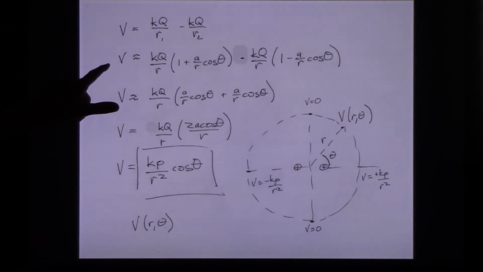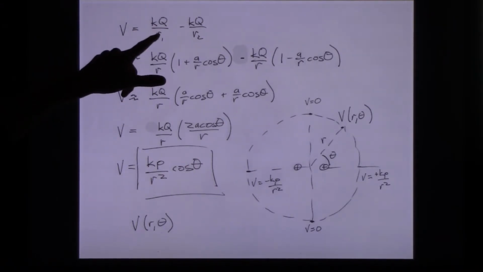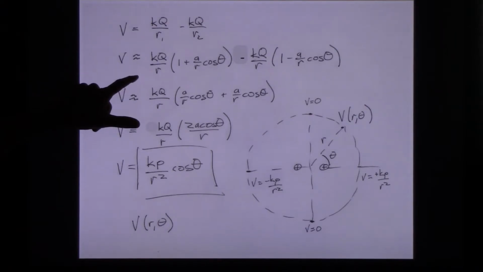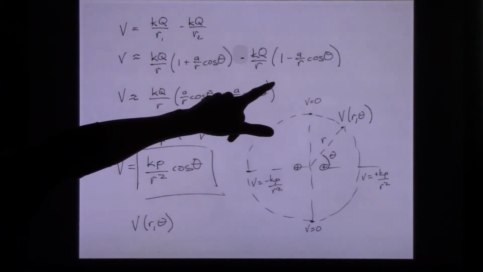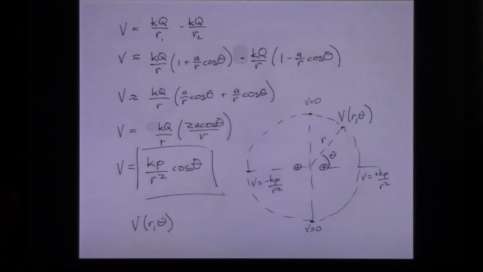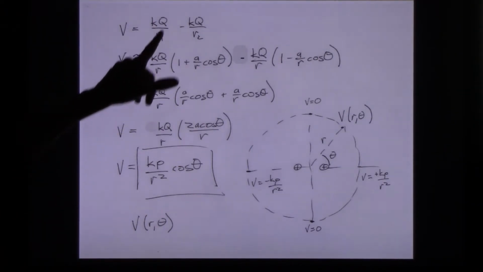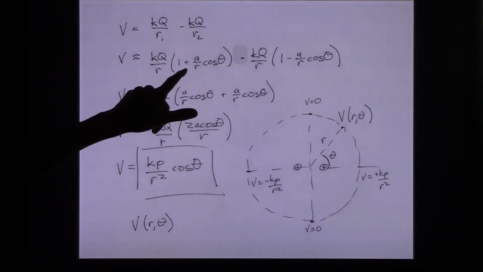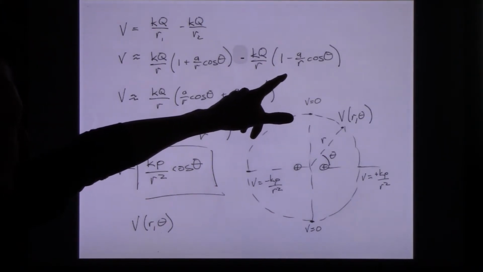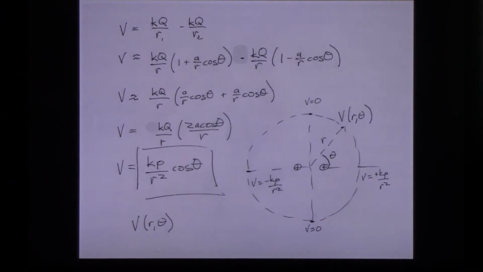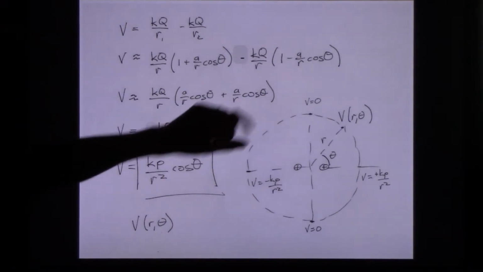And now what I'm doing is I'm taking and replacing these expressions with their approximations. So this path was a little longer, and this path was a little shorter. Or was it the other way around? Now I've got to go back and double check my approximations. Oh yeah, no, I take it back, because it's 1 over r. Never mind. So this 1 over r value is a little bigger, and the 1 over r value here is a little less, gives us something that's a little less. And so this gets the plus sign, this gets the minus.